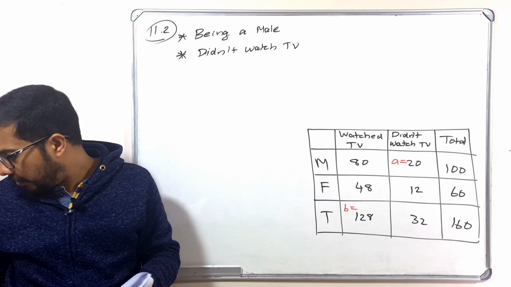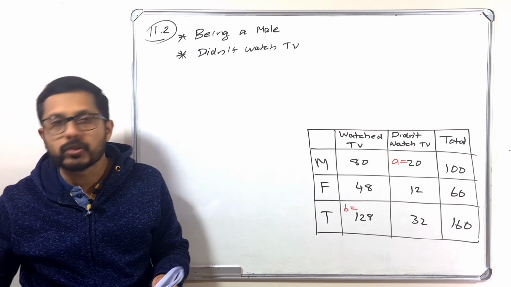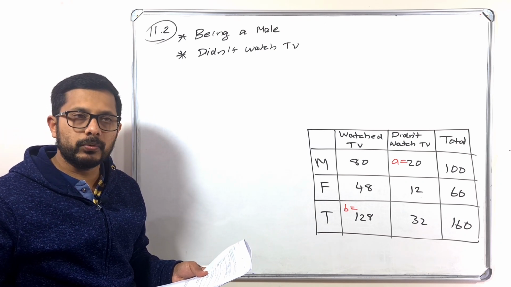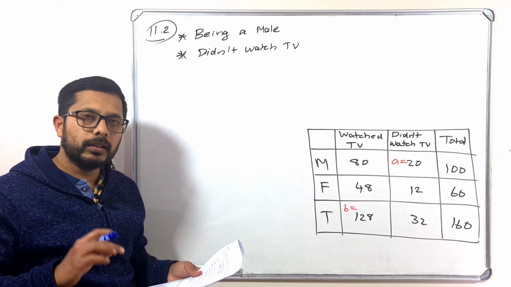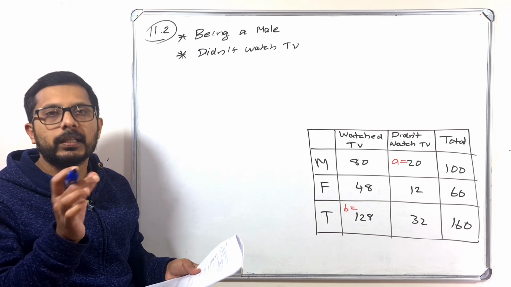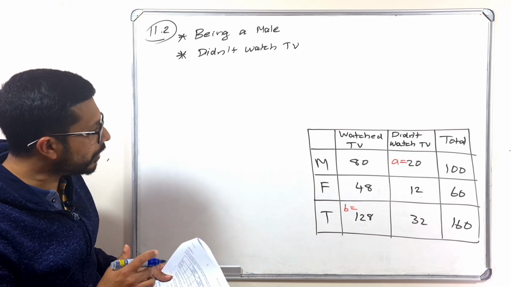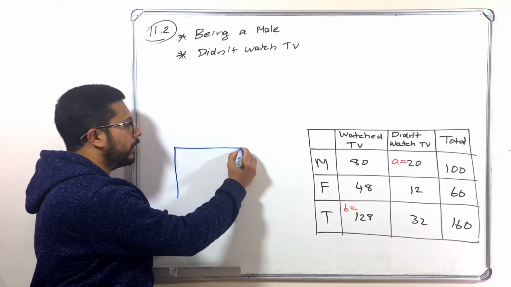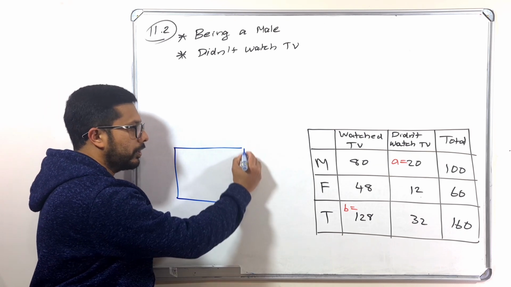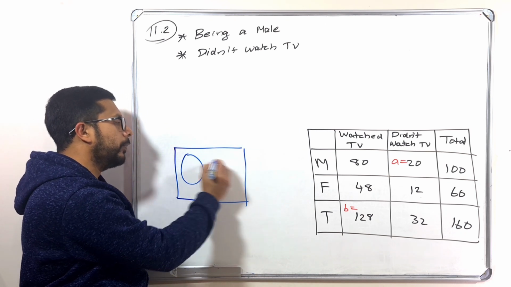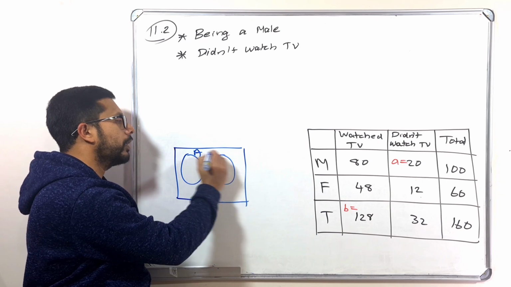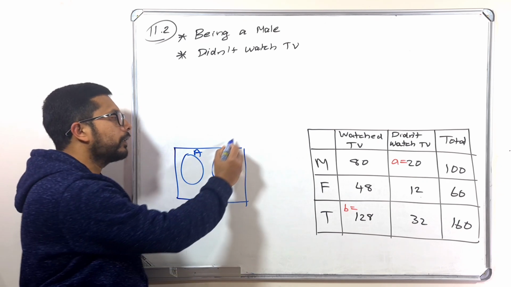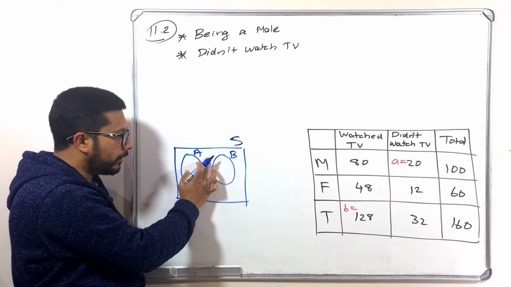To answer that, first of all, you have to know the meaning of mutually exclusive and how we can represent it. Just a recap of what you studied in chapter 1 of this video. If two events A and B are mutually exclusive, it means there is nothing common.